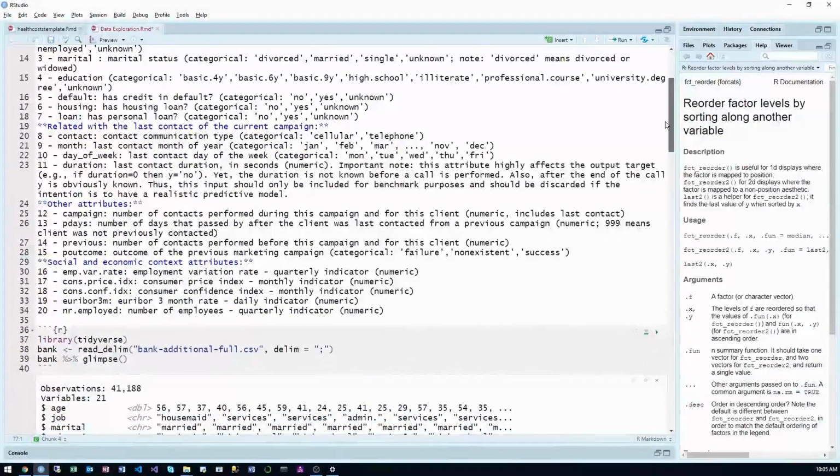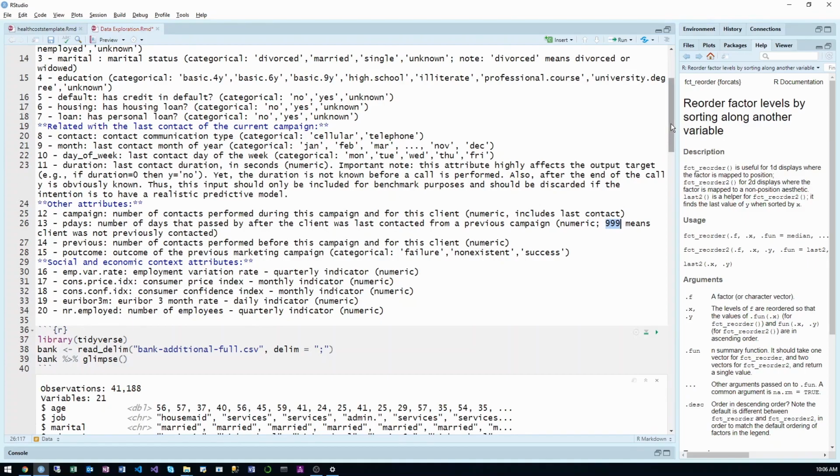And if you look at the data dictionary, you'll see that pdays is the number of days that passed by after the client was last contacted from a previous campaign. So 999 means that the client was not previously contacted. So you could say that this is not a real number, this is actually an NA value. It's a missing value. Because they were never contacted, you don't have data for them. You don't know when their last campaign was, right?